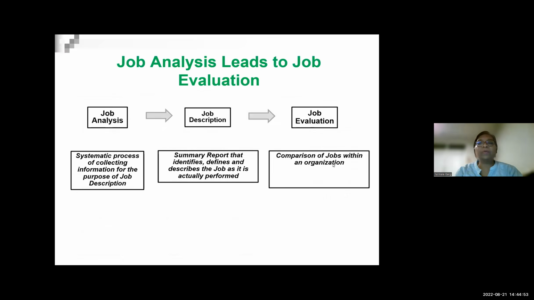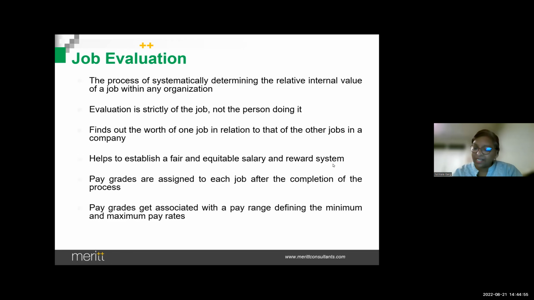Job evaluation is a process of systematically determining the relative worth of the jobs. Think about the number of jobs in your organization.